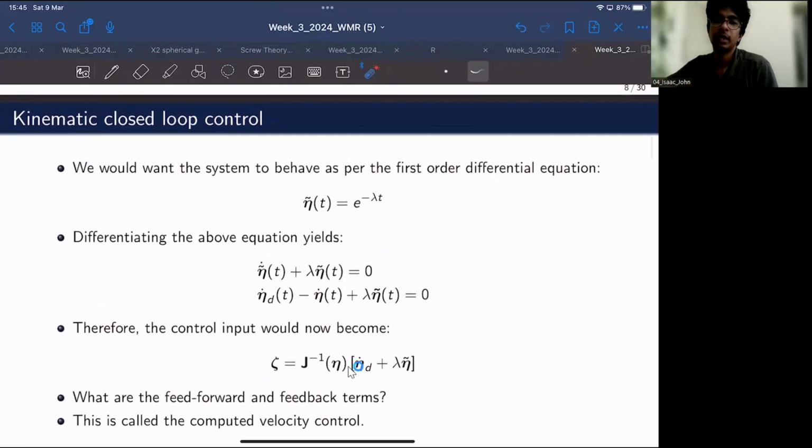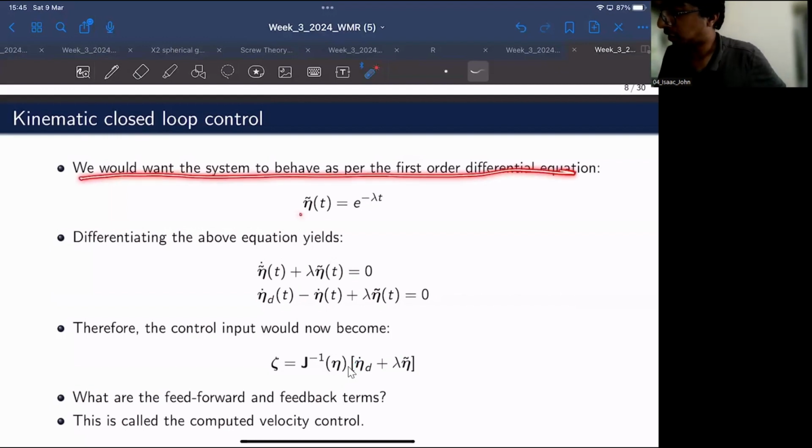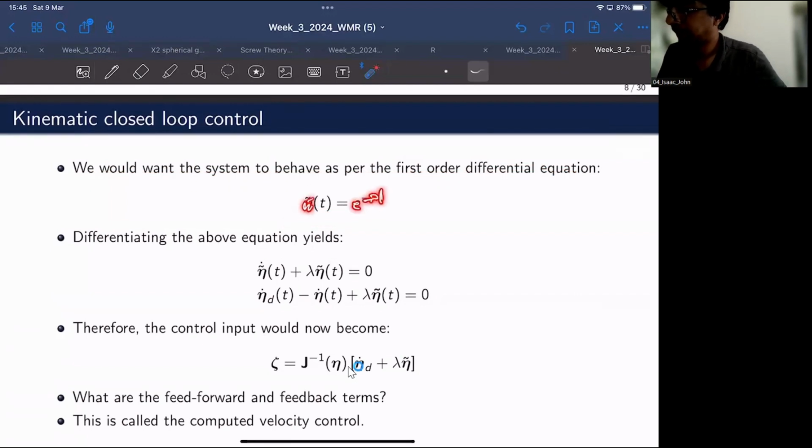Then how do we go on with the closed loop kinematic control? So we have seen the limitations of the open loop controller. What about the closed loop controller? Our objective for using a closed loop controller is we would want the system to behave as per the first order differential equation, eta tilde as e raised to minus lambda t. So eta tilde is nothing but eta desired minus eta, the difference between desired and actual position coordinates.